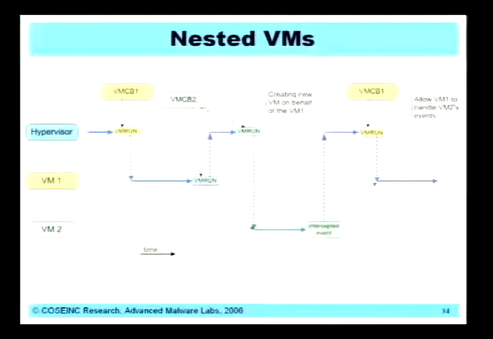So it calls VMRun. First it creates a VMCB, let's call it VMCB number 2, because this was VMCB number 1. But instead of creating a virtual machine, we are going back to the hypervisor, because the hypervisor intercepts any VMRun calls.